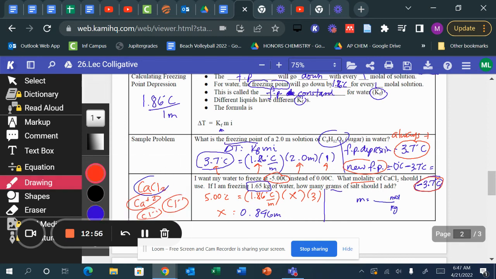Plug in your numbers. This is 0.896. Moles is X, because I want grams, right? So I can get moles and get grams. Kilograms is right here, 1.65. That's my formula.